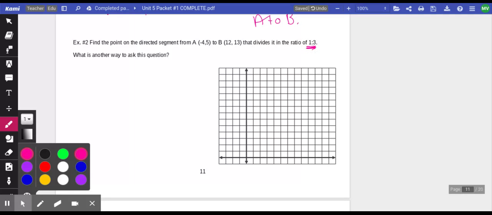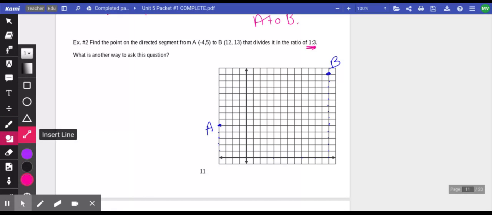What I'm going to do here is, again, plot the points. So I have -4, 5. That's A. And B is 12, 13. And then I'm just going to use the tool to draw the line.